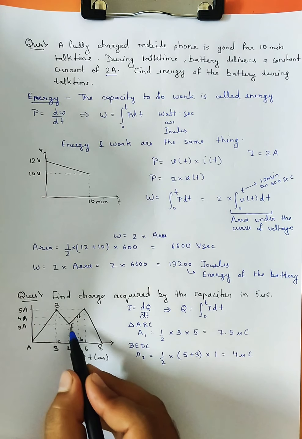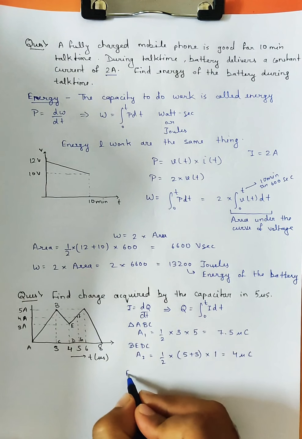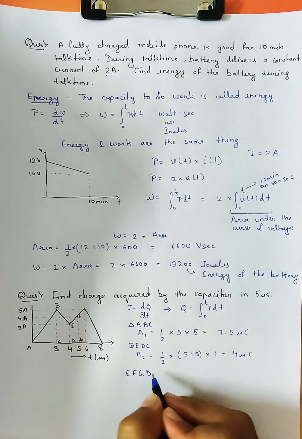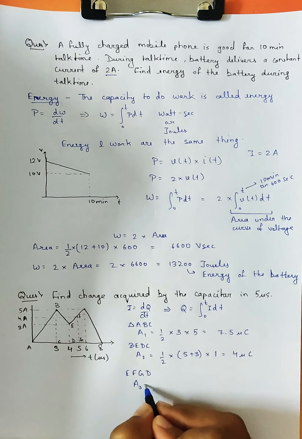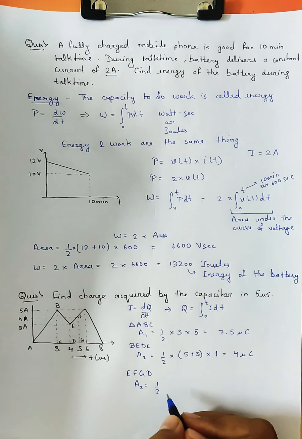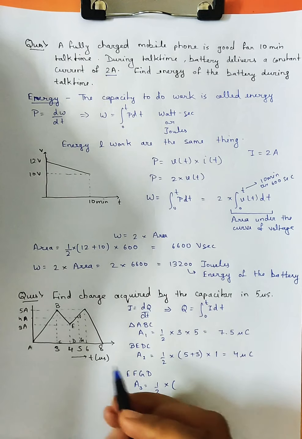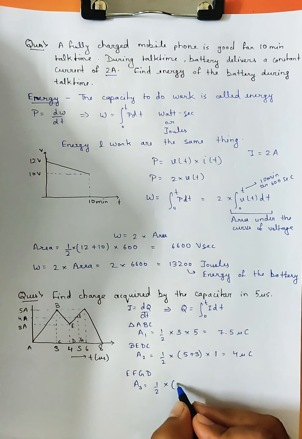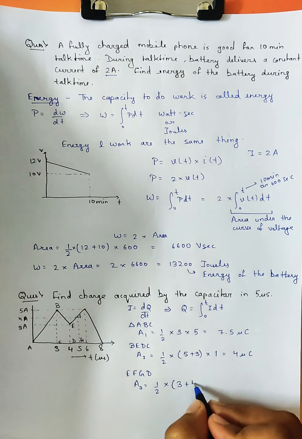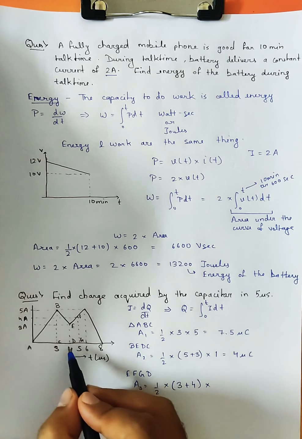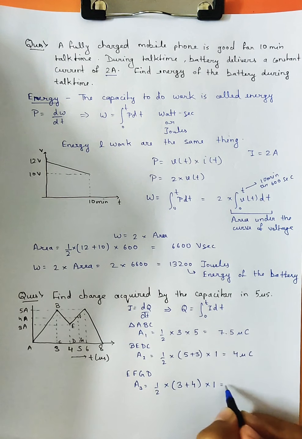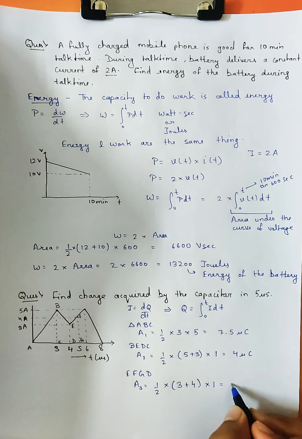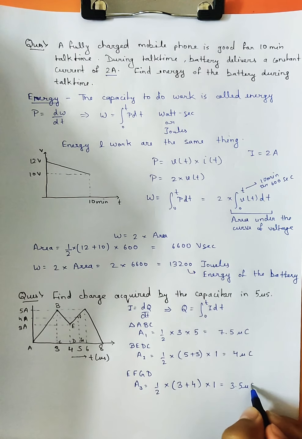Next is EFGD. Let's say area is A3, which is equal to half into sum of two bases, 3 plus 4, into height is 1, which is equal to 3.5 microcoulomb.